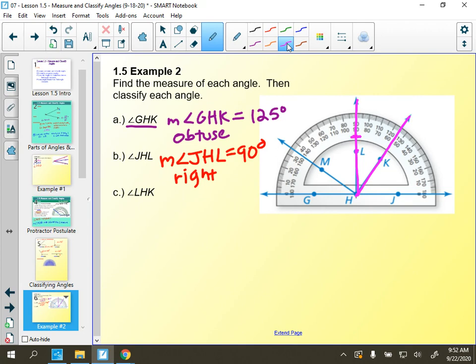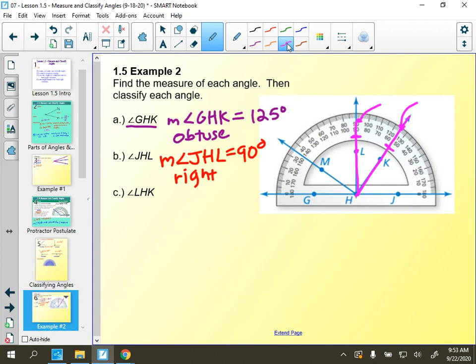So I'm looking for the absolute value of the difference between this 90 and what appears to be 125. So I think we're talking about a 35-degree angle here.